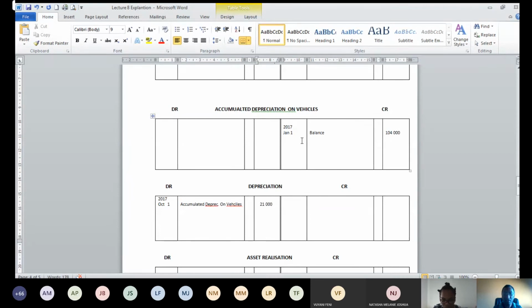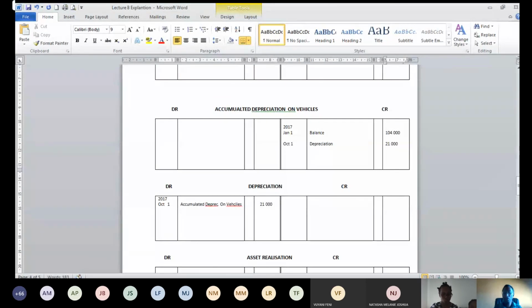And your accumulated depreciation, remember this transaction happens on the 1st of October. You credit this account then with depreciation, and the amount is 21,000 rand.